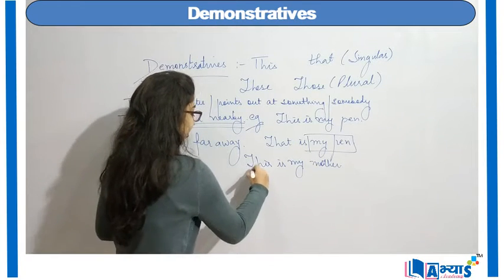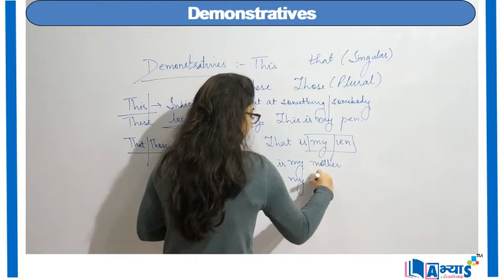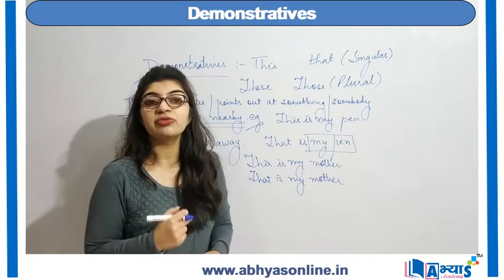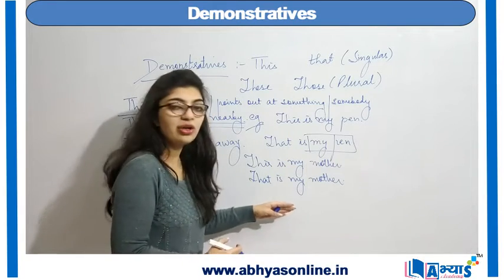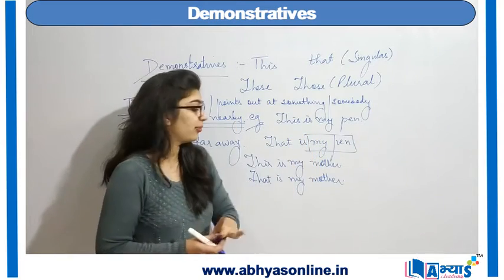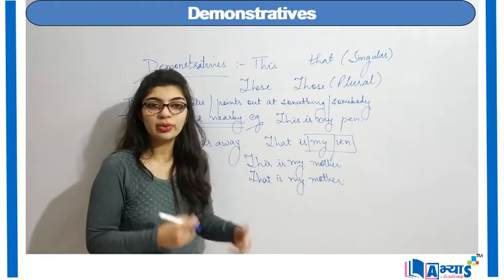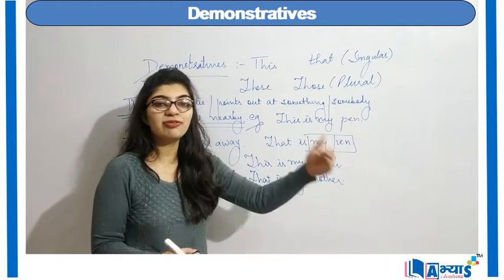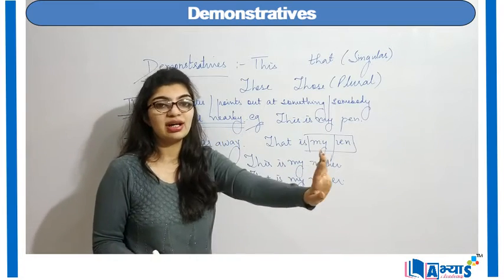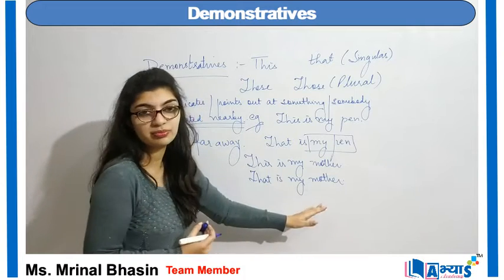But when I say that is my mother, it means that to whoever person I am introducing my mother, he or she can see my mother from far, right? Because my mother is not standing with me, she is not with me. Maybe she is sitting far away from me, or she is standing somewhere where I can just see her, but she is not really near to me. She is far away from me.